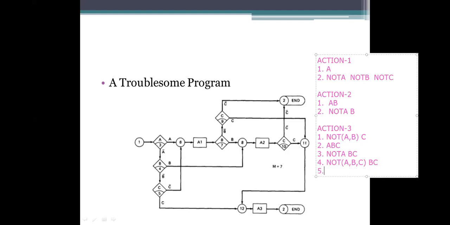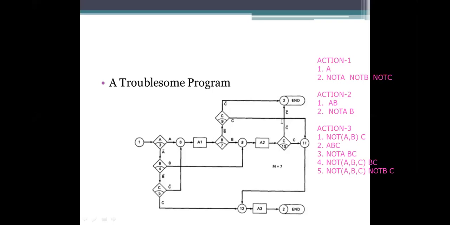And then the fifth one here is not A, B, C, again not B and then C. Hope these are the paths we are having.